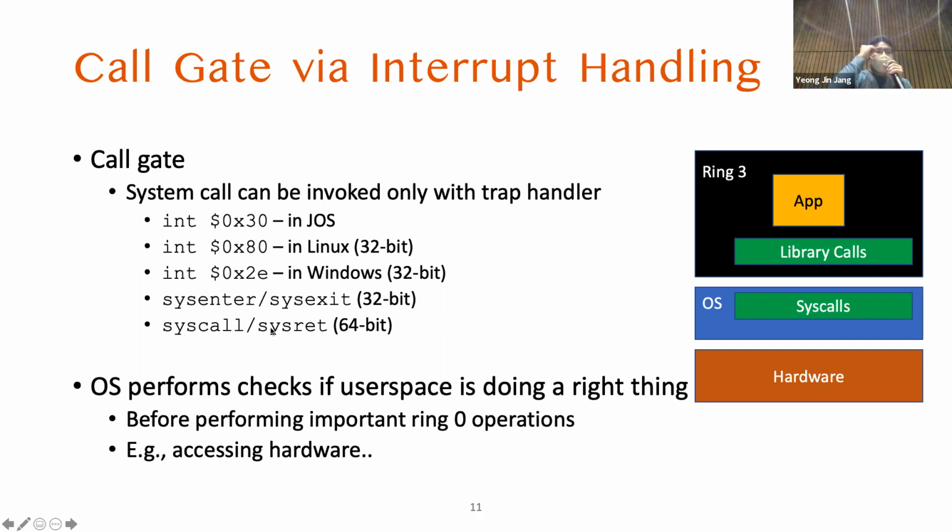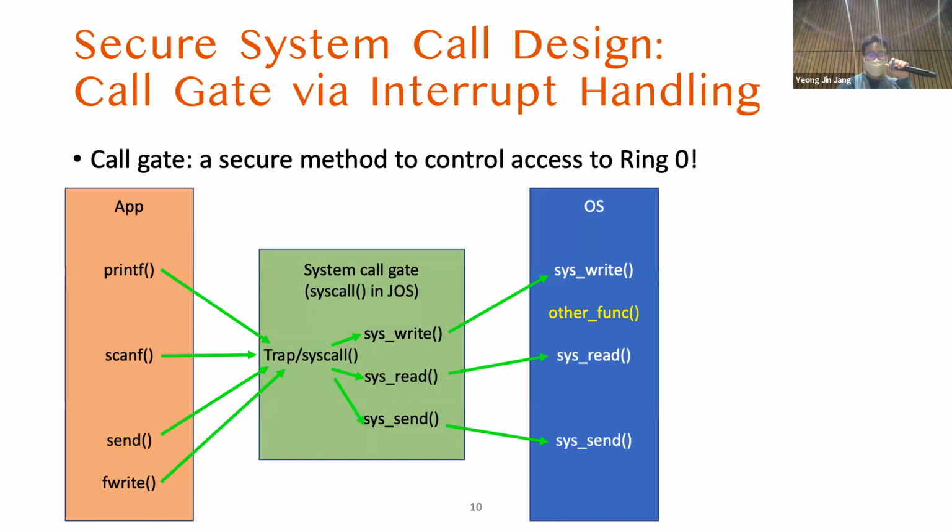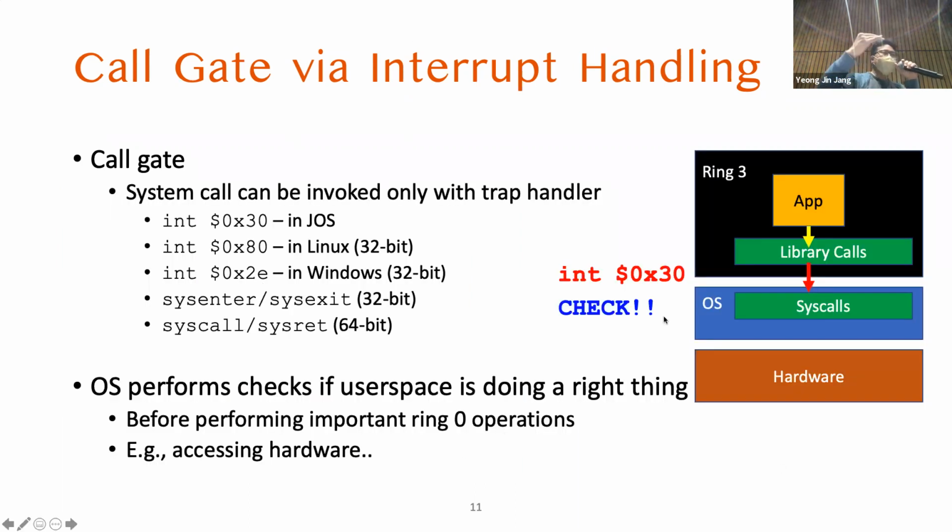And because we restricted the way that the application requests the operating system for some functionality to only this mechanism, at the system call handler we can catch any kind of request. Whenever an application makes a system call, it could be via interrupt or sysenter, syscall, anything, then at the system call handler, something like this call gate, we can perform some checks: whether the application is allowed to invoke this system call, or how many times this system call has been executed.